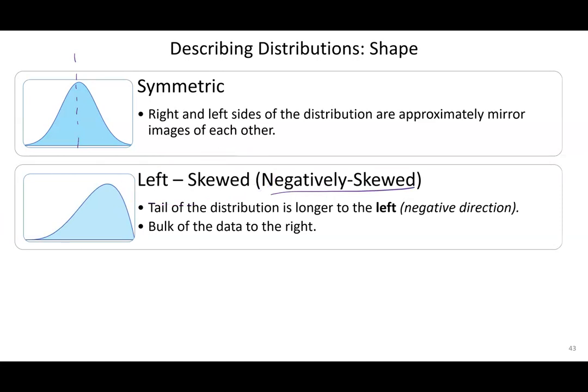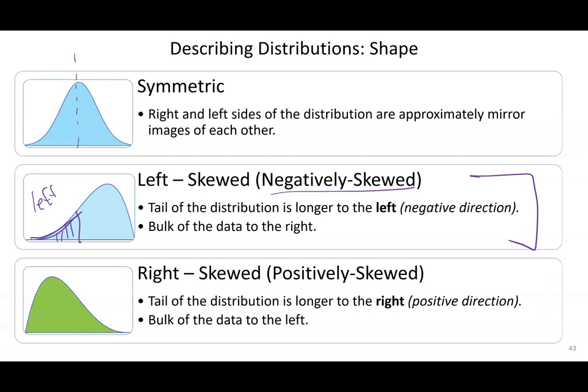If you think of a tail, this is a left tail, right? It's smaller on the left. Then it's a left-tailed or left-skewed distribution. It means that you have more values on the right-hand side. You have more high values and fewer low values.